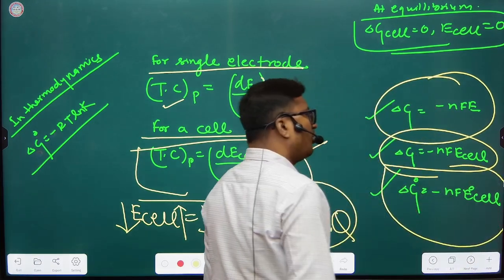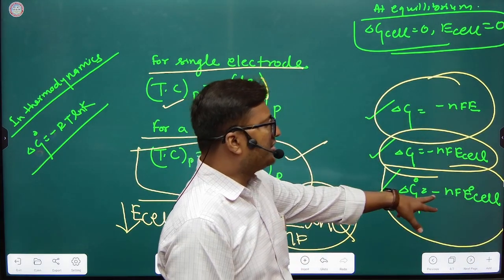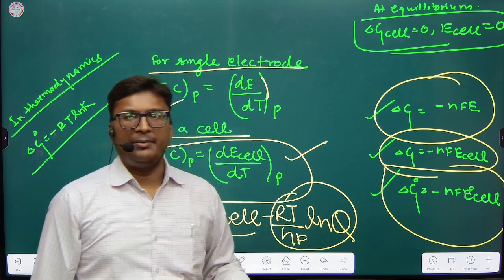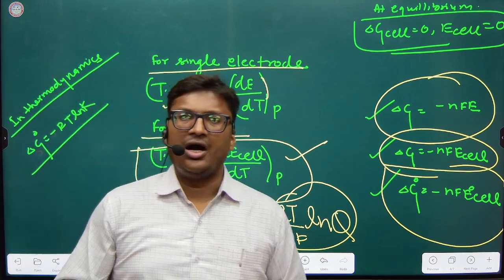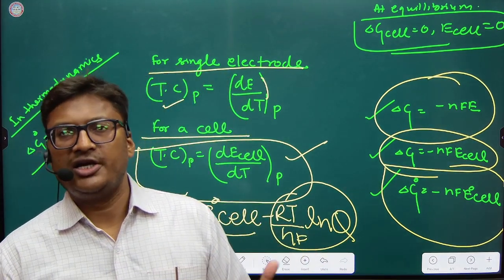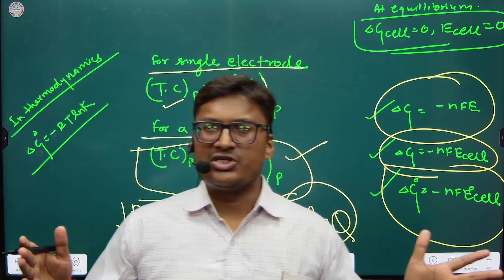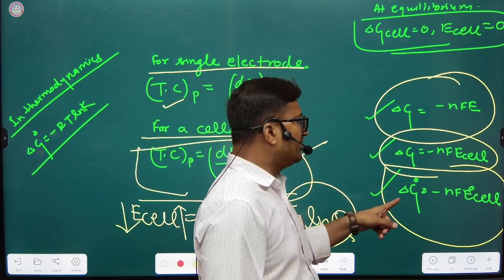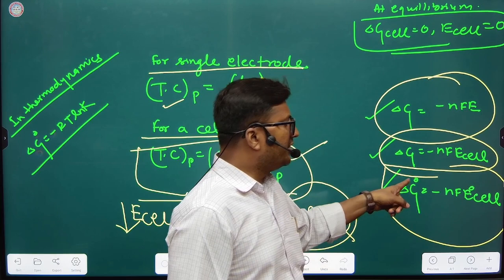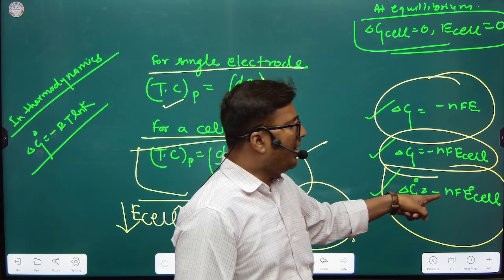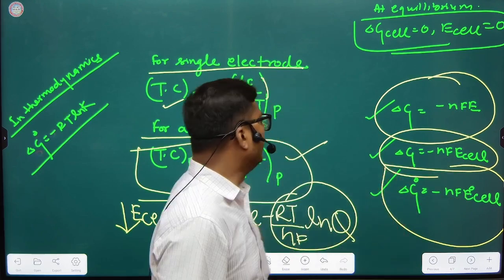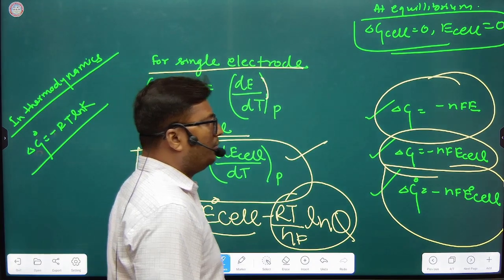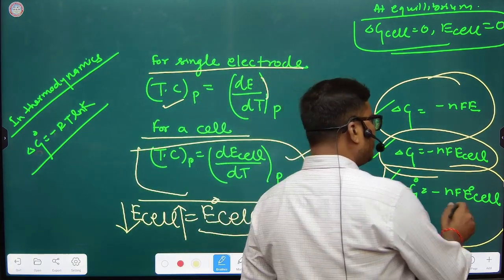This is also for a spontaneous reaction, but it occurs at standard state. It means if you have 25 degrees centigrade, 1 molar electrolyte solution and 1 atmosphere pressure, then we can define the change in Gibbs free energy at standard state, which will be minus nF E naught cell.